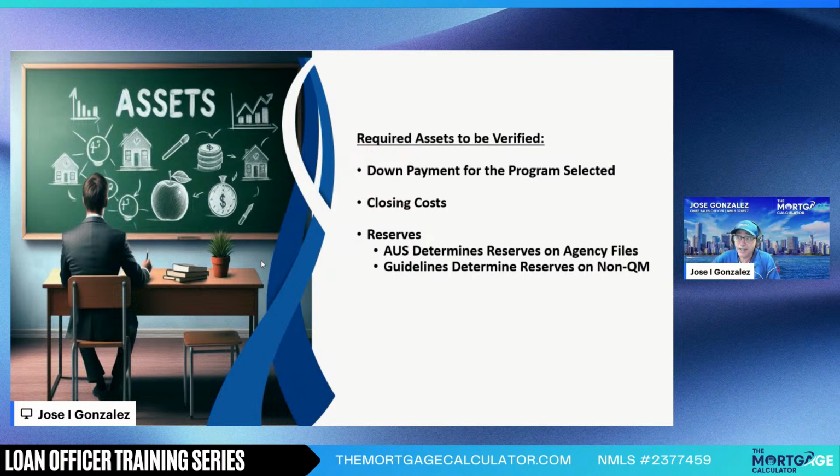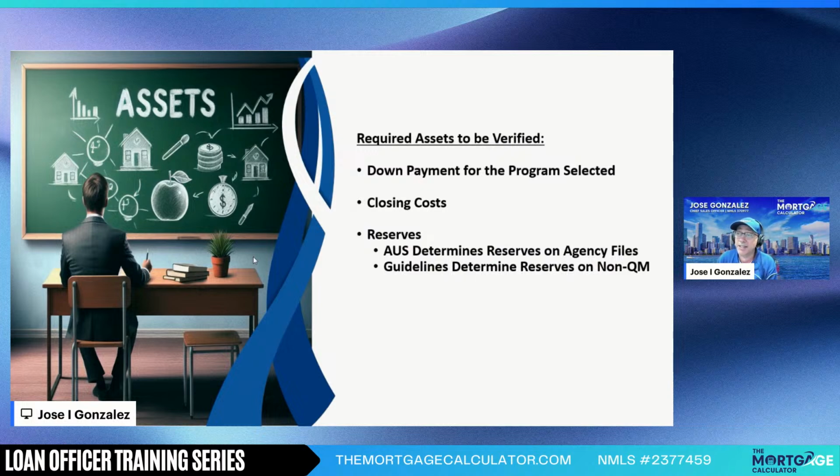And on non-QM loans, as we always like to state, remember that non-QM guidelines are all specific to the option being selected. They are not homogeneous. You can't generalize across the board how to treat a non-QM loan for reserves.